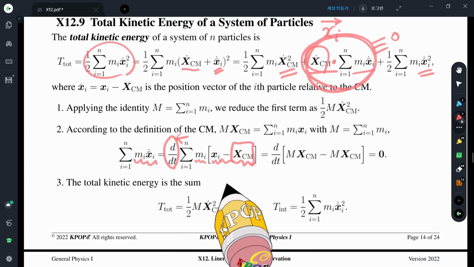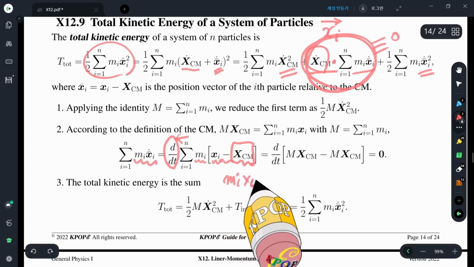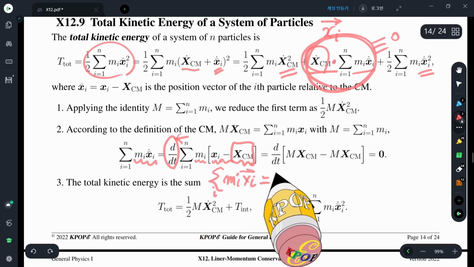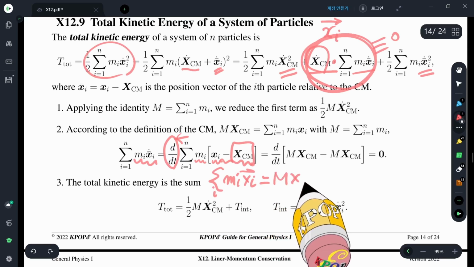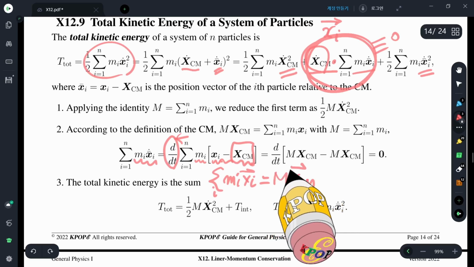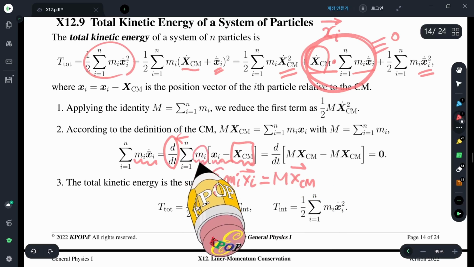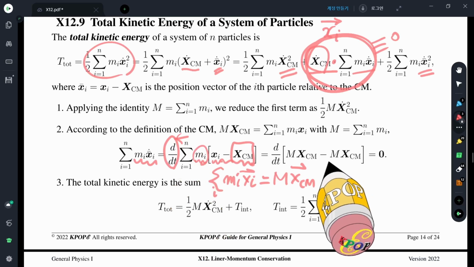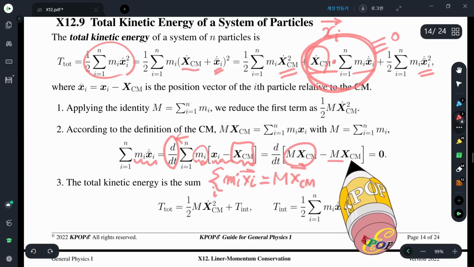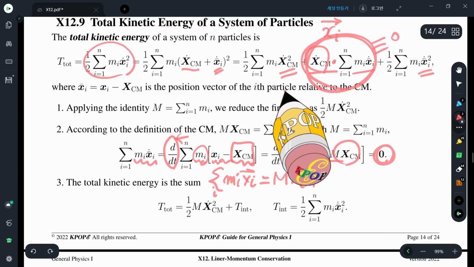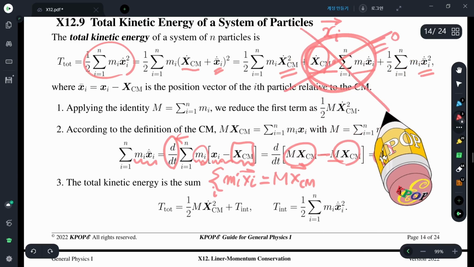We know this sum of mi xi is the total mass multiplied by the center of mass position vector. And if we sum this mi outside, that is the total mass. So the same thing is subtracted, therefore exactly 0. So this crossing term vanishes exactly.